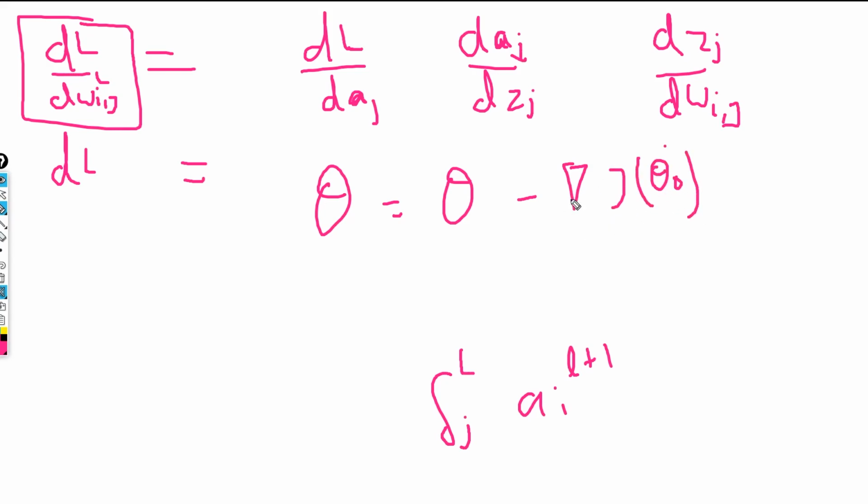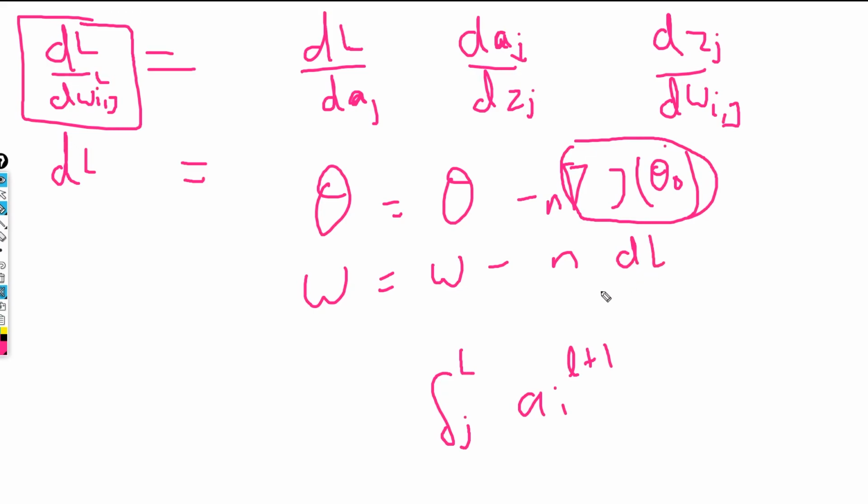This is nothing but what we are doing here. Theta is nothing but the weight matrix. We want to update the weight matrix, so w equals w minus, and what is this? This is nothing but the gradient that we have found here, which is dL upon dw i j L. So this is how we are going to update our values.